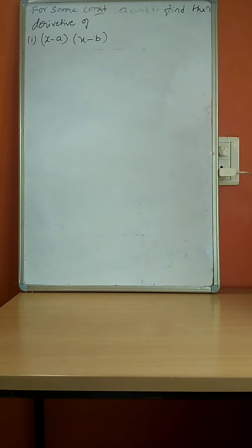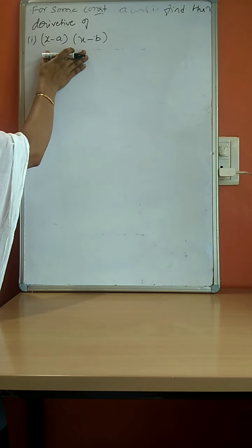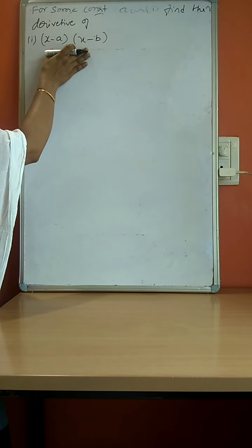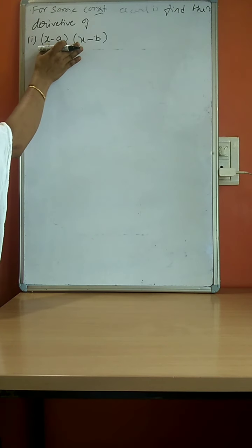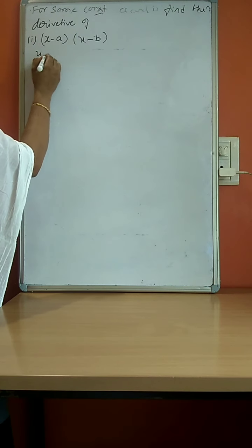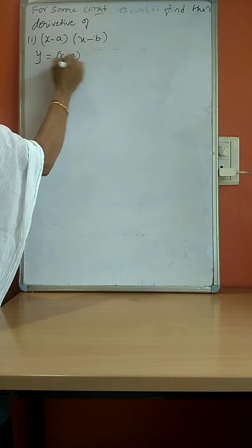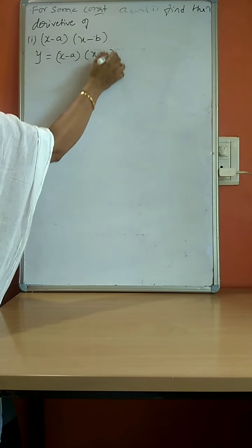See, this is in the form of product rule. Either you can go for product rule or better go for simplification first. Whatever he has given, take down: y is equal to x minus a into x minus b.